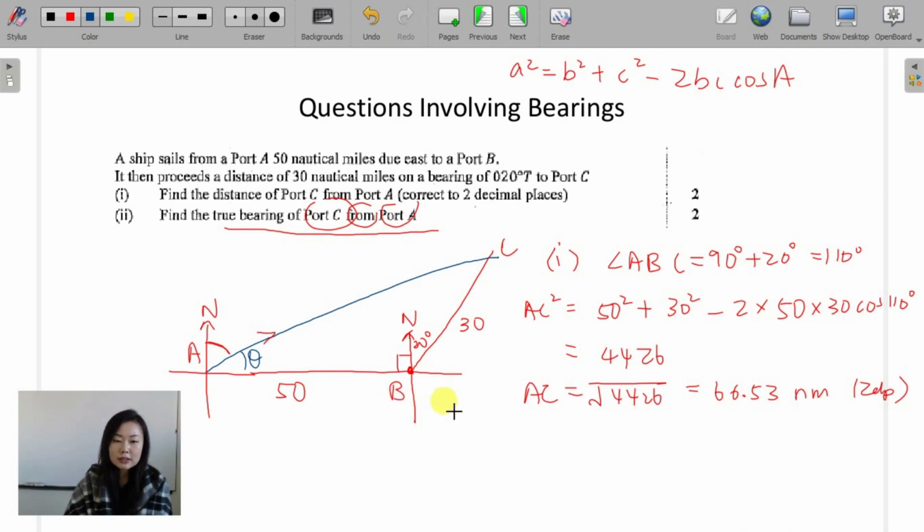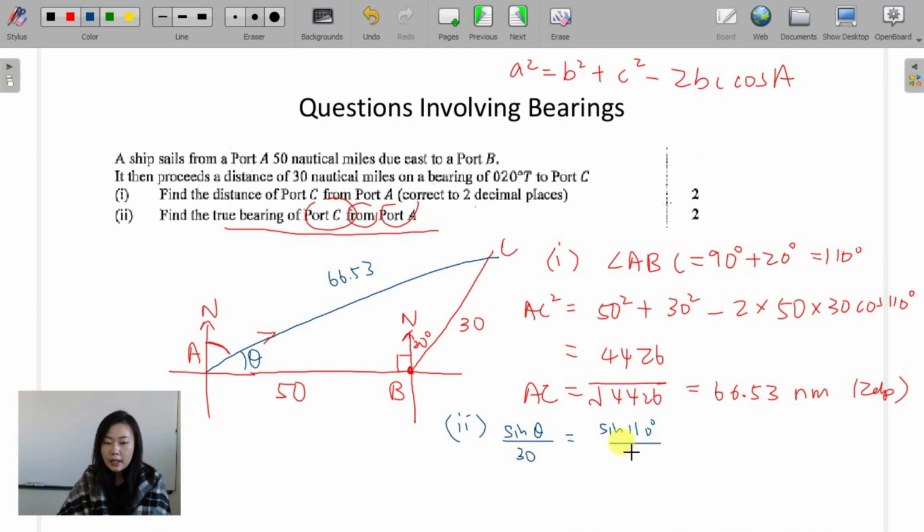So I'm going to see if I can squeeze it down here. So 30, actually we're looking for angle, so I'm going to make angle go first. So sine theta on 30 is equal to, and we know this angle, so you want to use that side, so 66.53, sine 110 on 66.53.